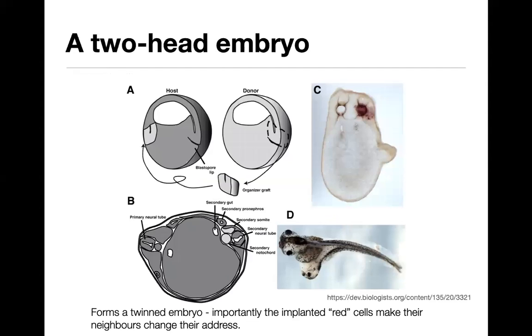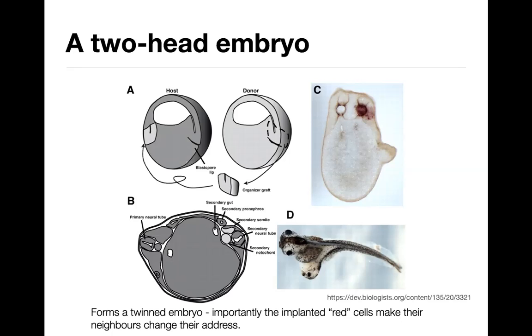What she did was to take the blastopore lip of a donor embryo and implant it onto the host embryo in place of its normal ventral organizer, and ask what you get. You get a 2-headed embryo.